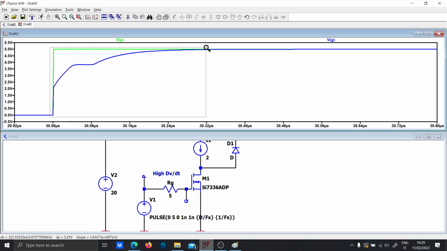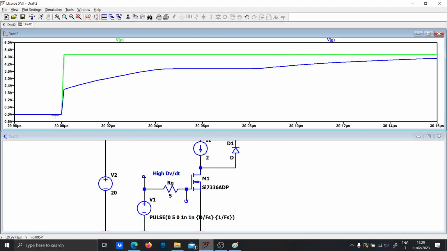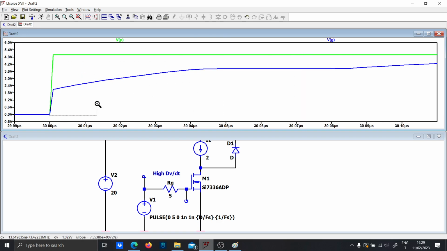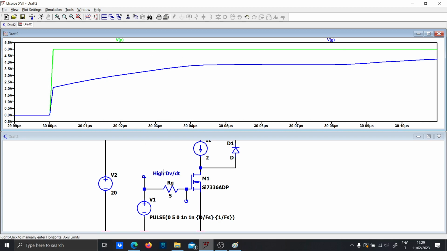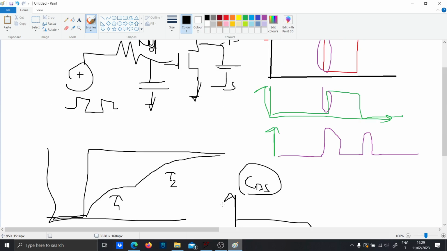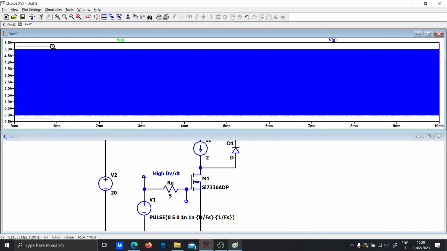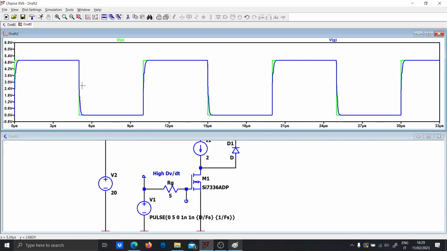So as you can see, in the rise time of the gate, there are 2 different transients, and that's because there are 2 kinds of taus, as explained also in other videos. And now let's analyze the drain voltage.